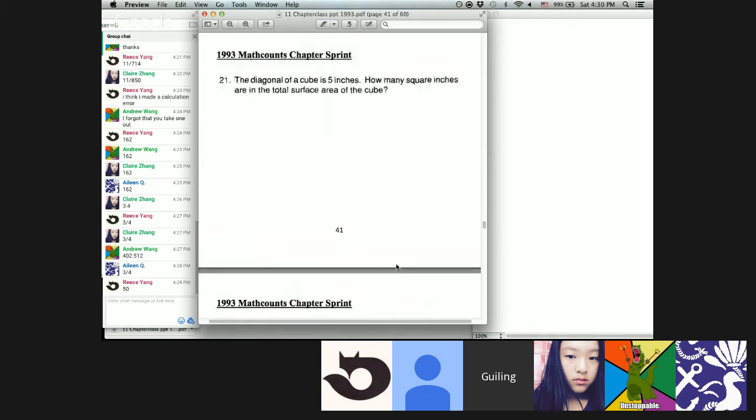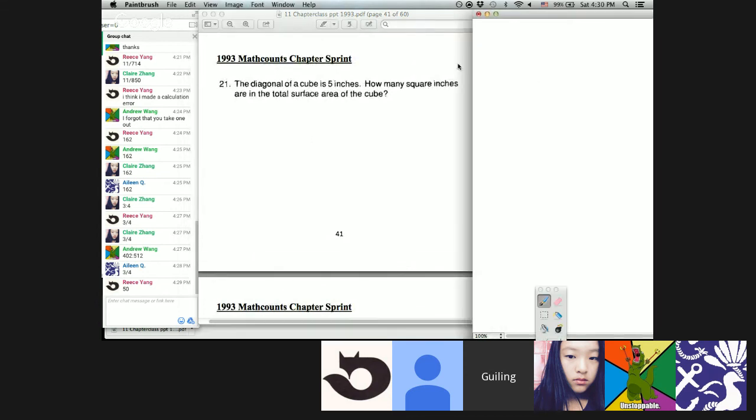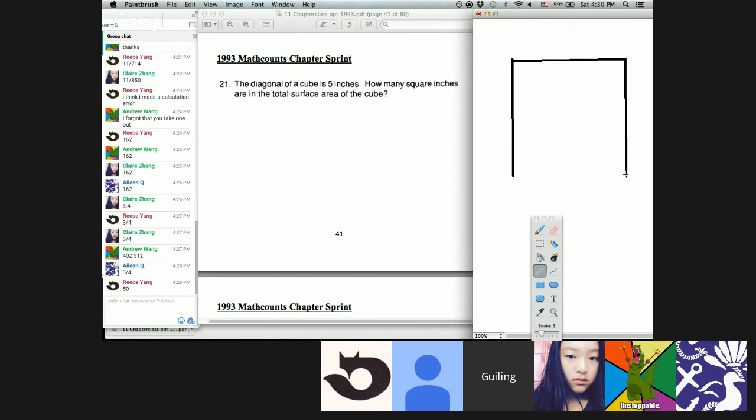So when it says diagonal of a cube, let's say this was our cube. Like so.